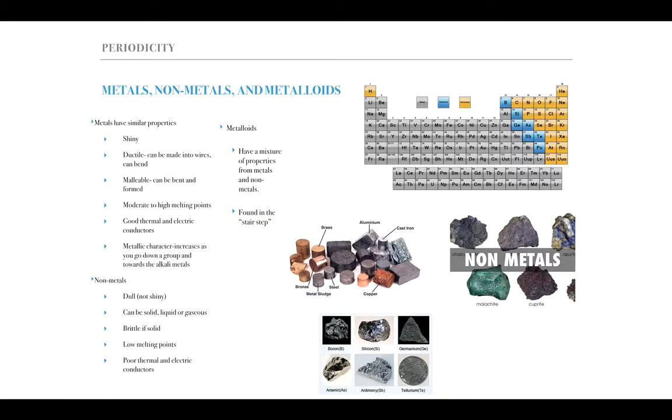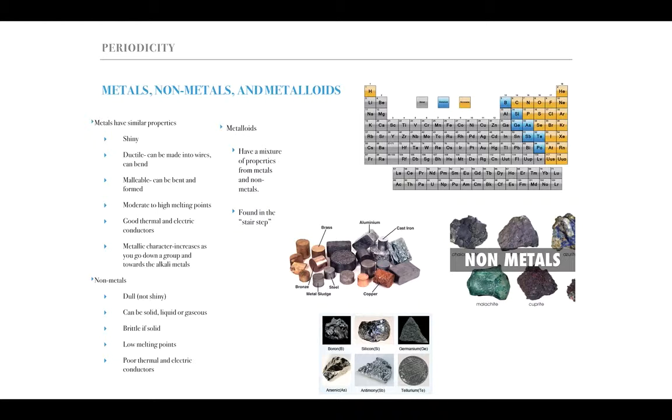Our nonmetal is neon, and nonmetal properties are the opposite of metal properties, such as dull, which means they are not shiny. They can be solid, liquid, or gases. Brittle if they are solid, have low melting points, and are poor conductors of thermal and electric energy.